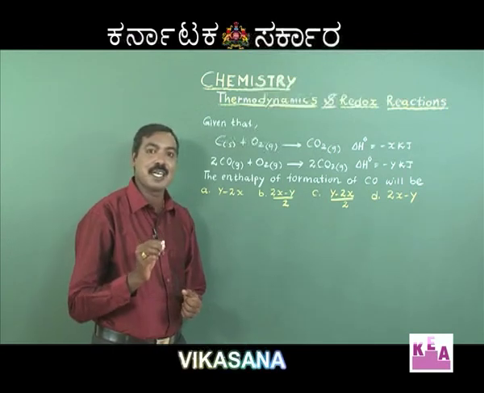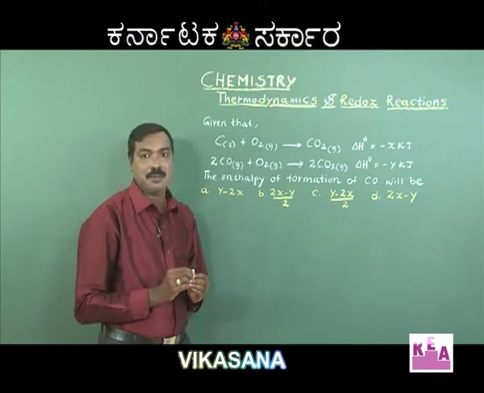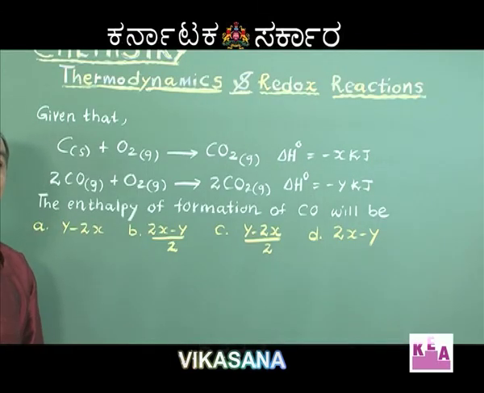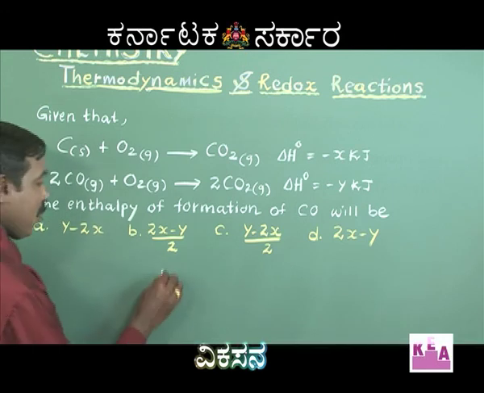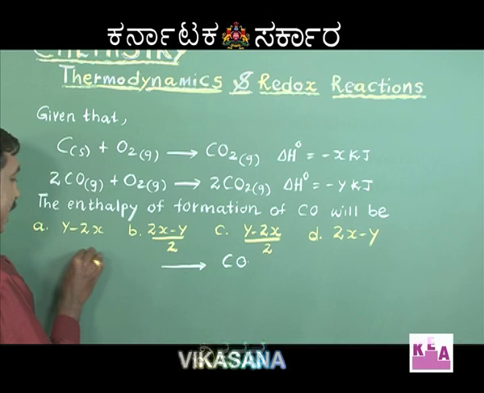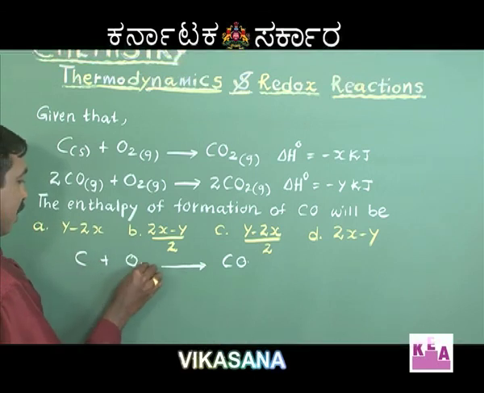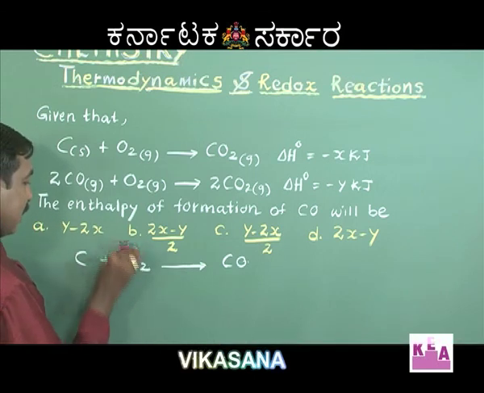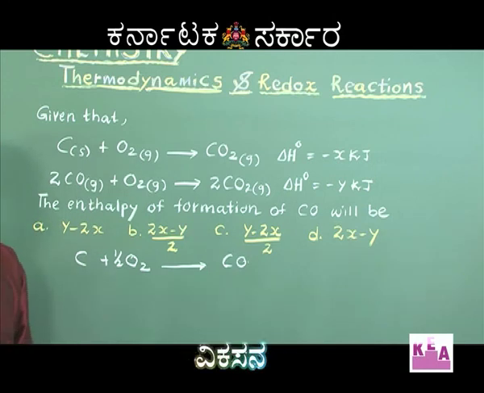For this, we have to write the required equation. The required equation for the formation of carbon monoxide: carbon monoxide is formed from its elements carbon and oxygen. Balance it, then put it as half. Now, this is my required equation.